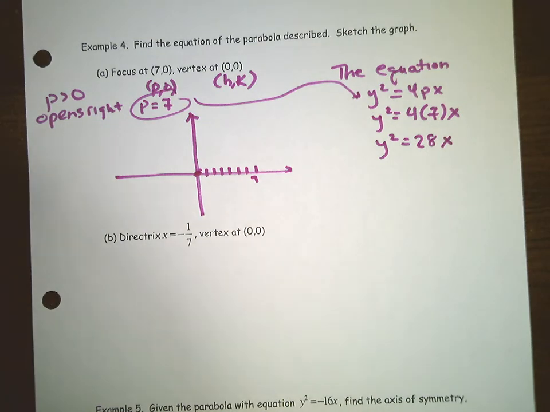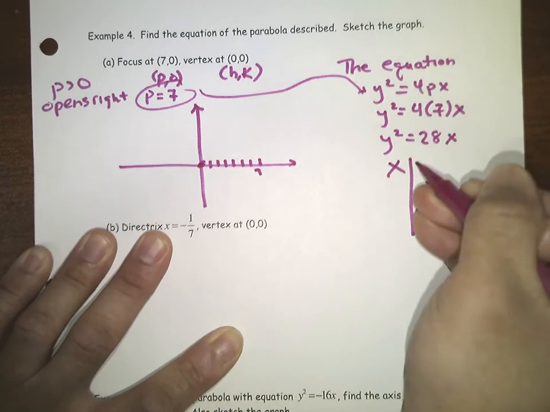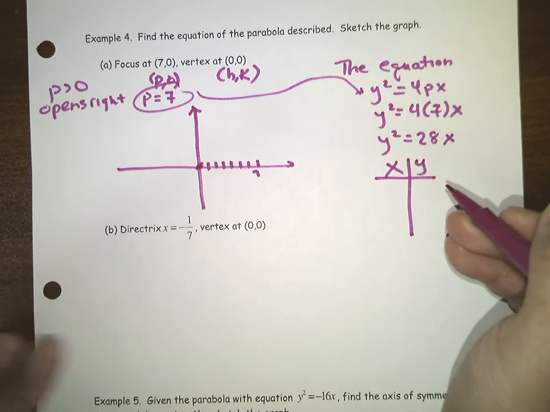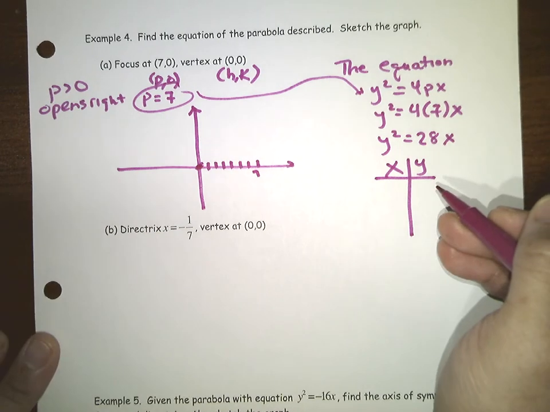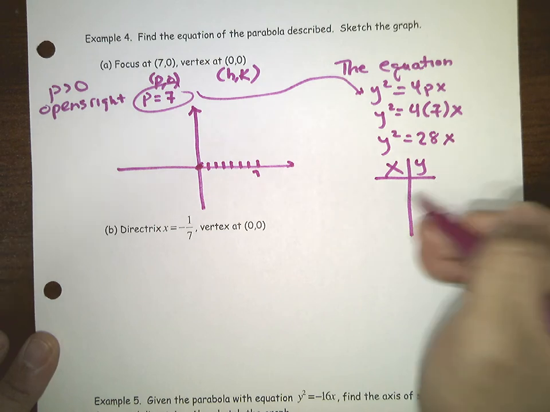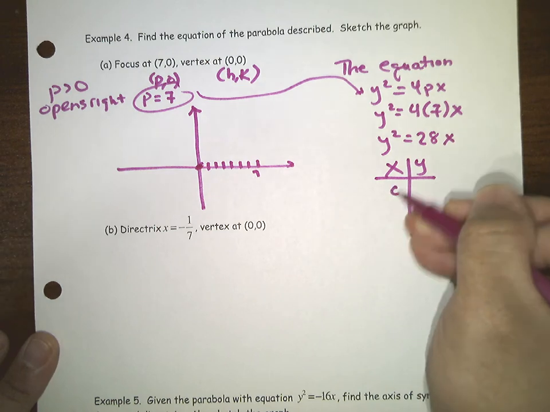So then all I need to do is figure out what some points are on this graph. If I substitute in x equal to 0, of course I get 0.